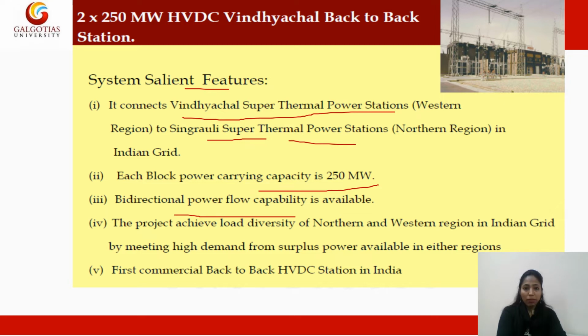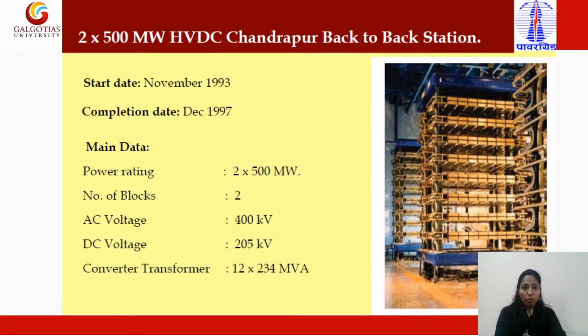The project achieved load diversity of the northern and western regions in the Indian grid by meeting high demand from surplus power available in either region. And it is the first commercial back-to-back HVDC station in India, which was installed in Vindhyachal.